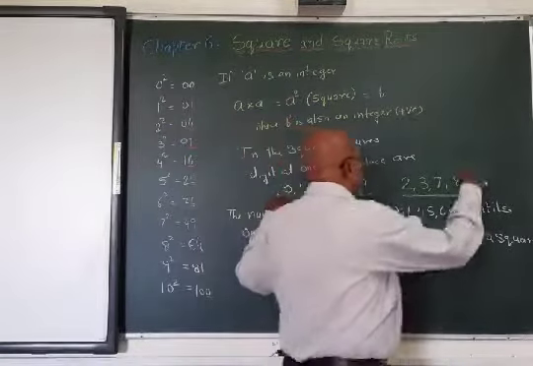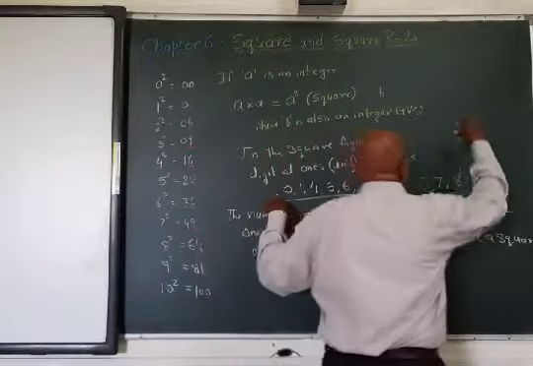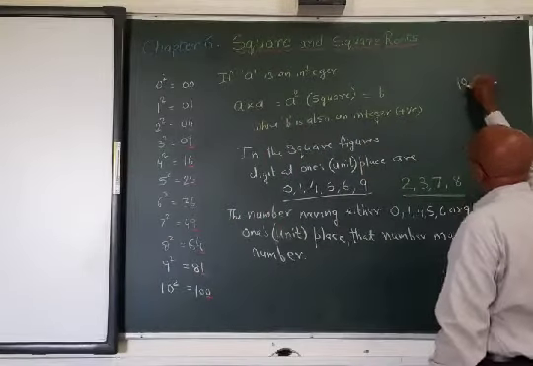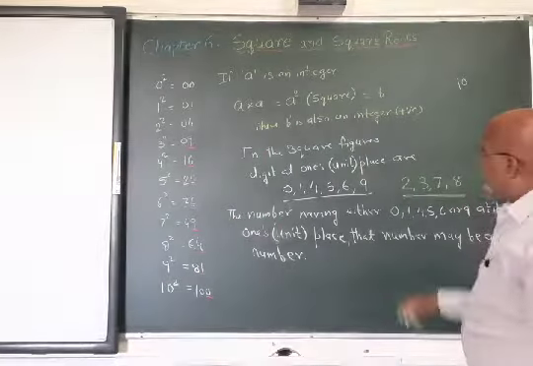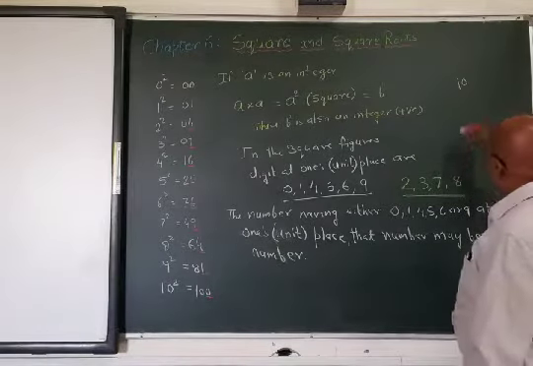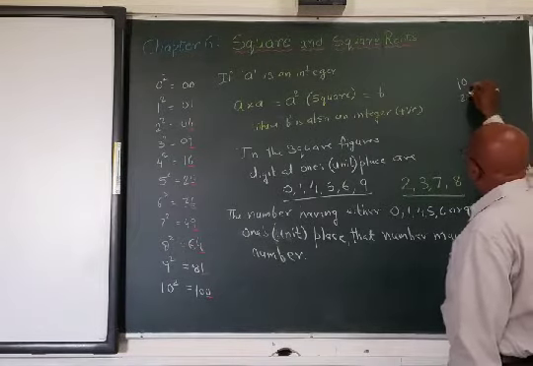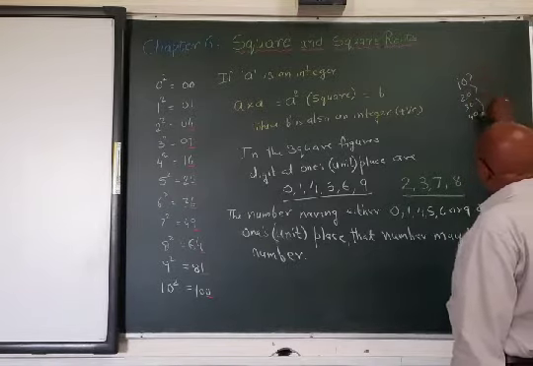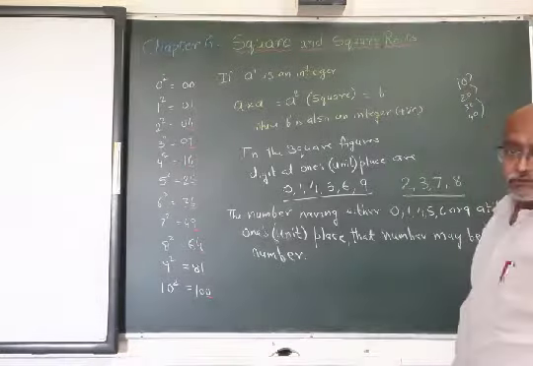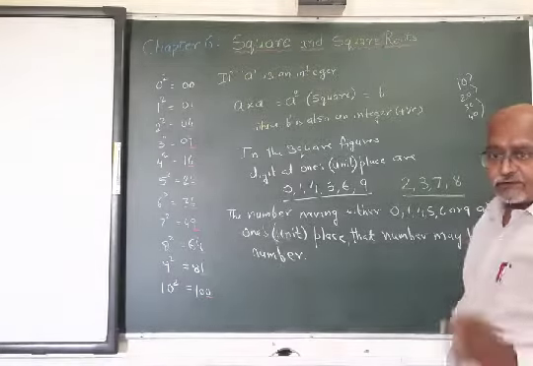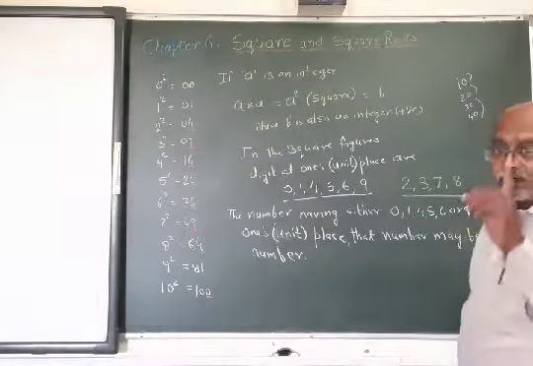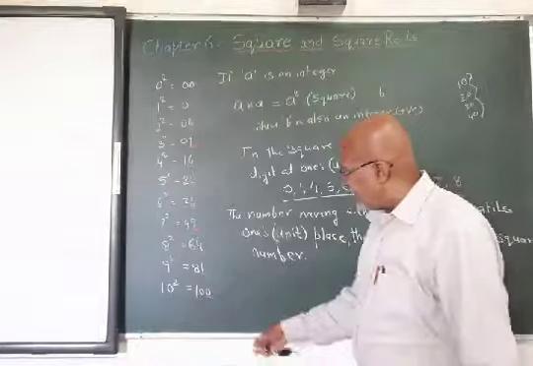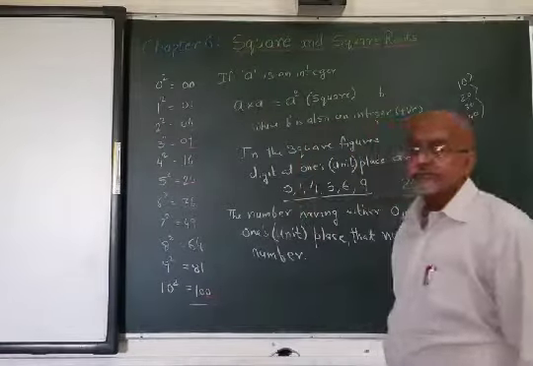Now in 10, I will give an example. 10, the unit place is 0, but it is not a perfect square. Even if you consider 20, 30, 40, nothing of this is a square number. The first square number having 0 at its unit place is 100.